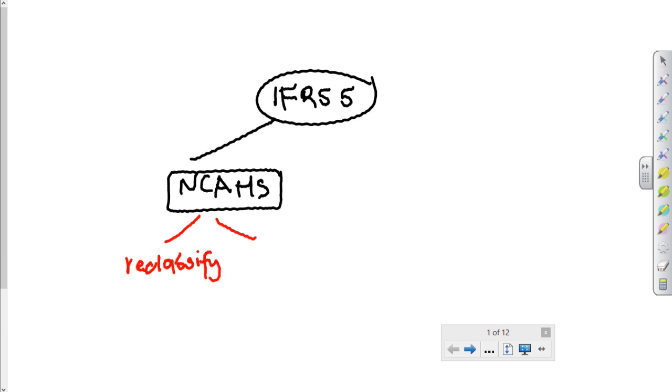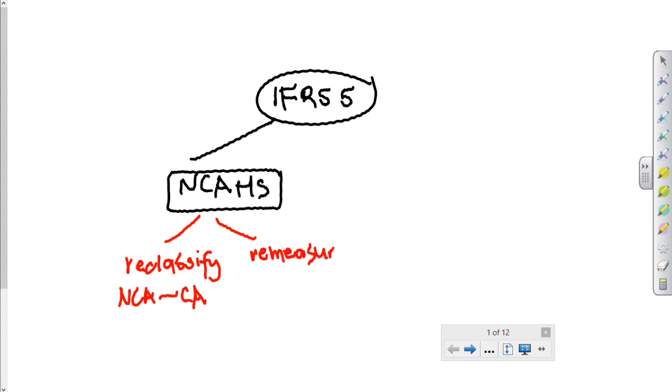We need to reclassify, because we need to move from non-current assets to current assets. Do you agree? If I have a non-current asset that I'm holding to sell, then I need to reclassify it. It's no longer non-current, it's now current, and so I need to move it on my financial position from the one to the other. And I also need to remeasure.